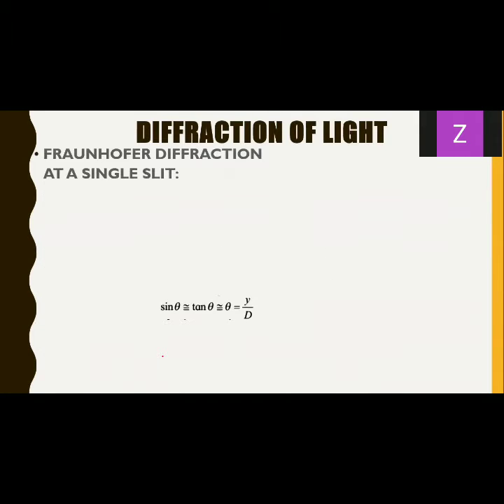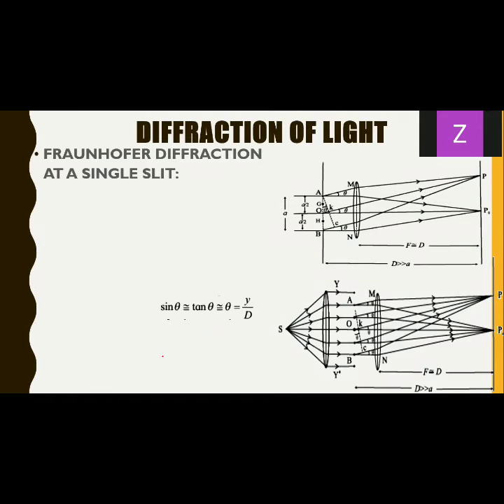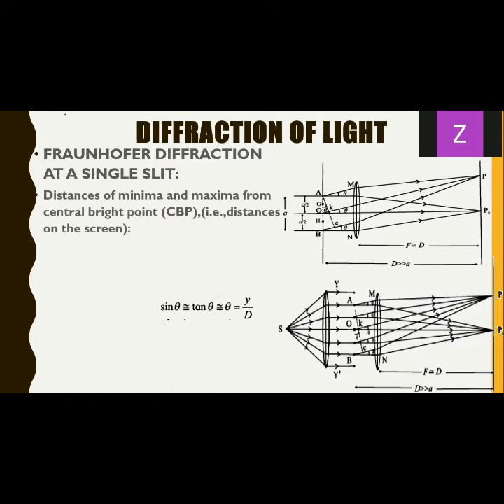Now we are going to use these equations next to find out the distances of minima and maxima from the central bright point. Okay, means what in simple words, distances on the screen. ये याद रखो, central bright point इसको हम लोग बोलते हैं CBP. Just shortcut में, बाकी कुछ नहीं.